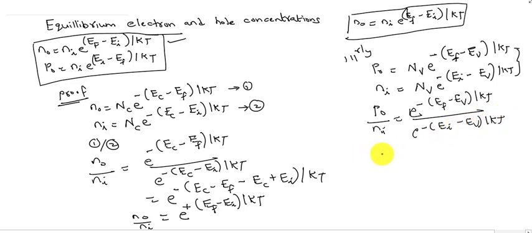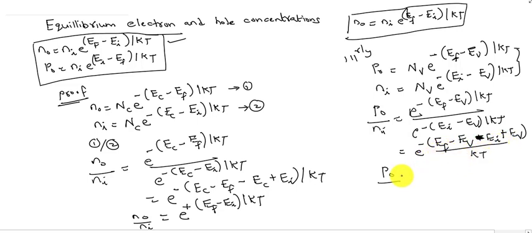On solving, we get (Ef minus Ev) minus (Ei minus Ev) by kT.